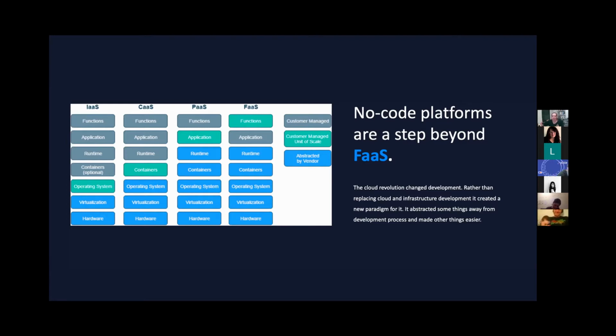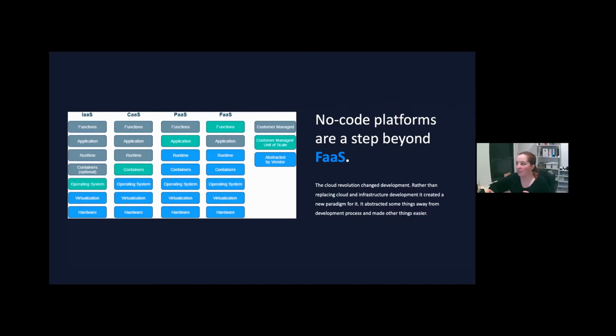It kind of abstracted away those aspects of a technology project when you were thinking about delivering something holistically, and so you ended up with platform as a service or backend as a service, and then you ended up with functions as a service, which is like Lambda from AWS, or the Microsoft equivalent.